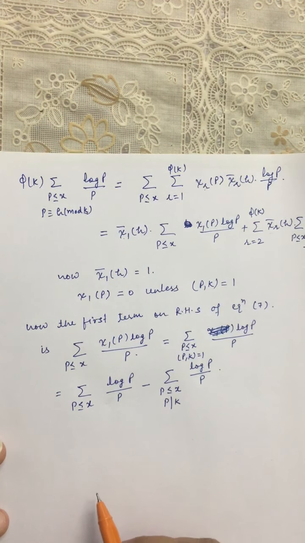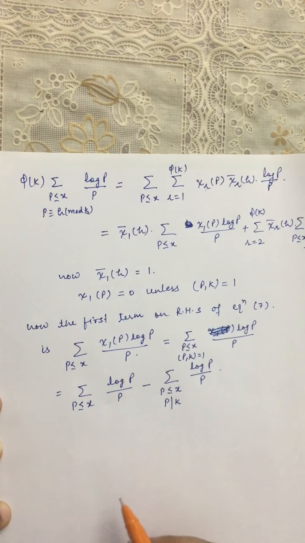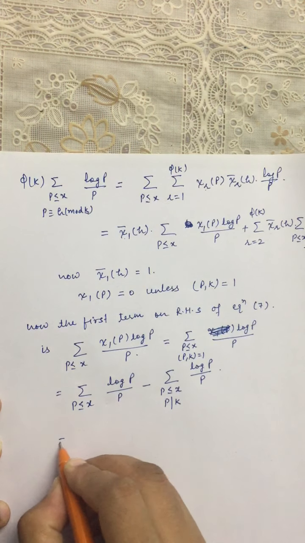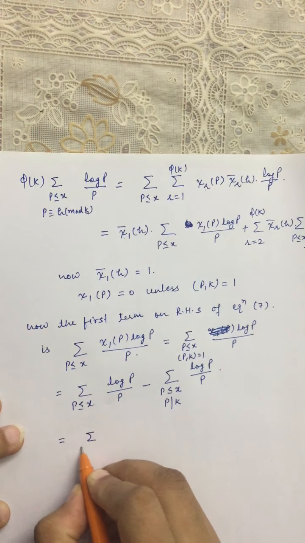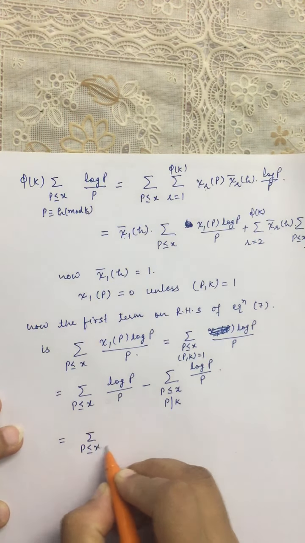Since we have only a finite number of primes which divide k, because k is a fixed integer, this term becomes just order of 1. This term is a sum of log p upon p, and we know log p upon p is less than 1.